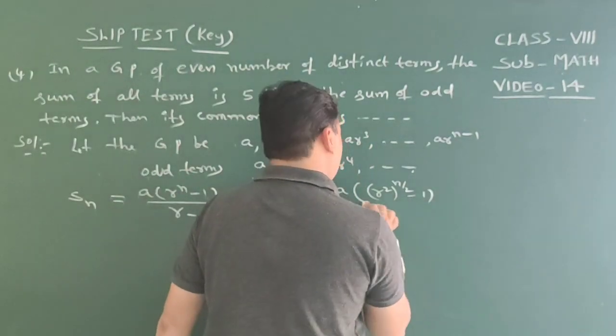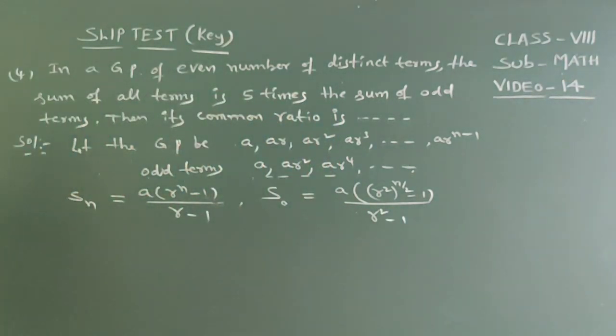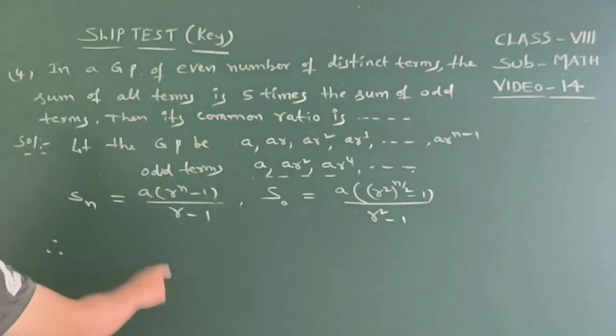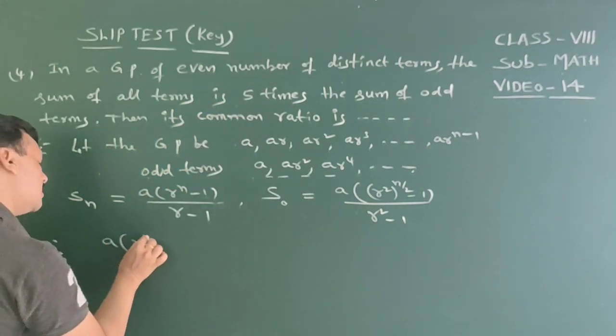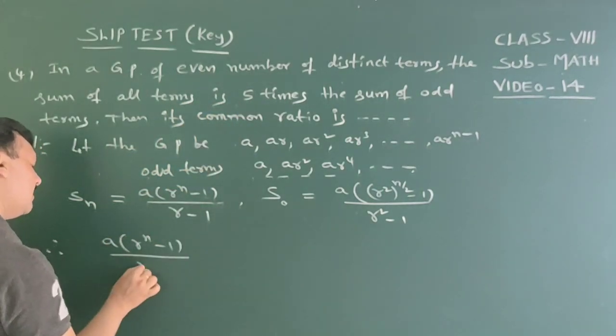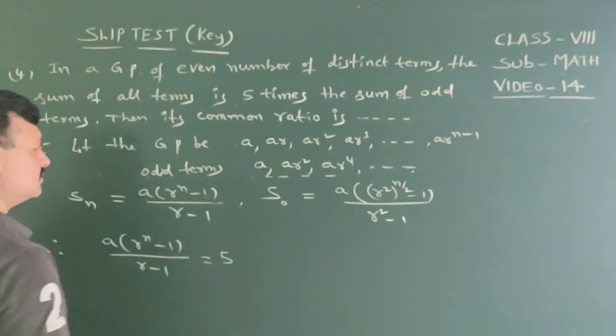So minus 1 by R square minus 1. Therefore, the sum of all terms, A into R power n minus 1 by R minus 1, equals 5 times the sum of odd terms.